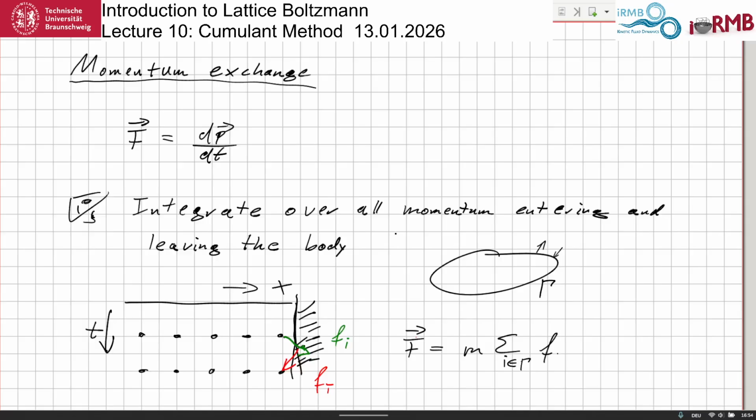So there you have F_i. Now this, of course, is the population. What we need is the momentum of the population. We already have the mass, so we need the velocity of this. So this is c_i. But if you want to know how this thing changes, you also have to subtract the velocity of the body from it.